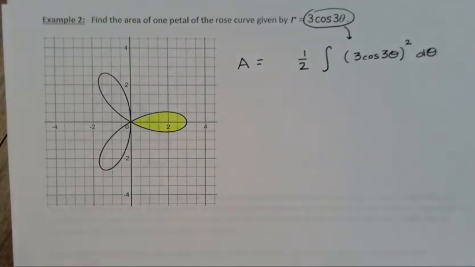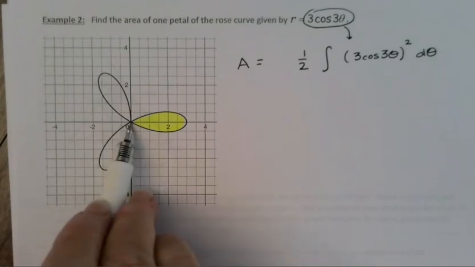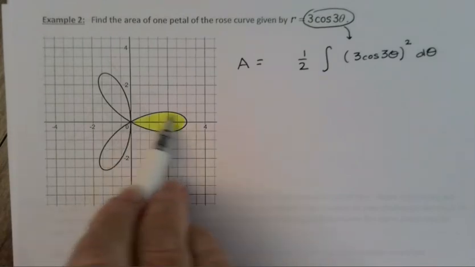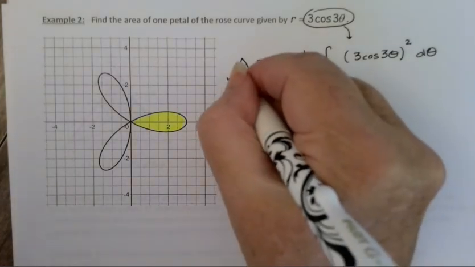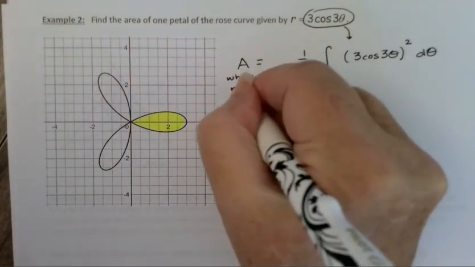Now, I can do this the easy, smart way, or I can work really hard for it. And we're going to do it the easy, smart way. I could, if I worked really hard, actually figure out the theta values that give me exactly one petal. But I think it would be a whole lot easier to figure out the total area if we go all the way around and then just divide it by 3. So for right now, I'm going to say this is the area for the whole rose curve.